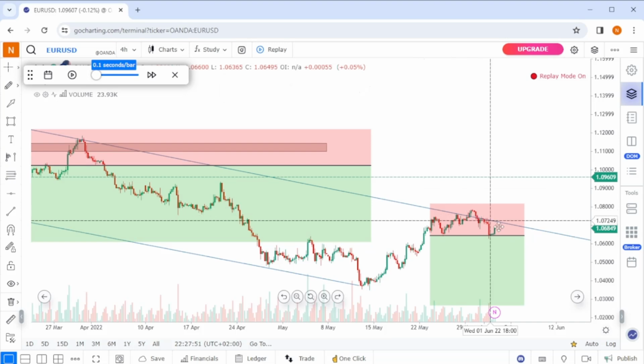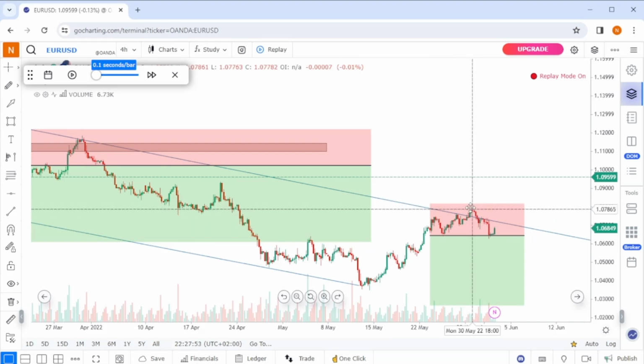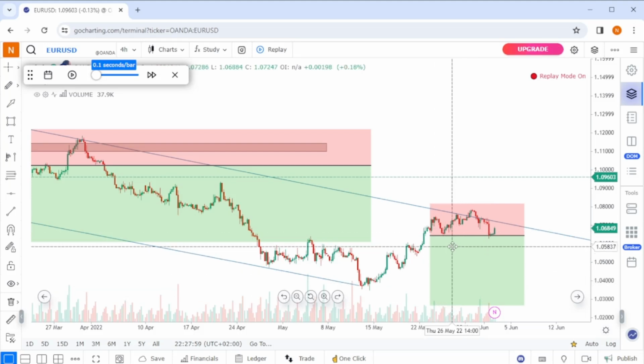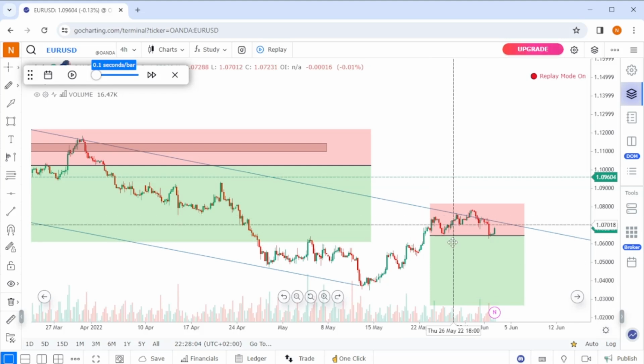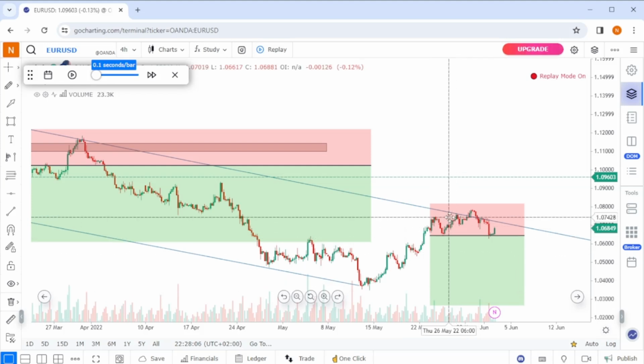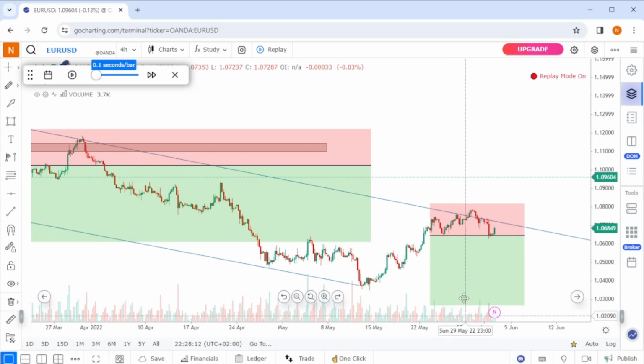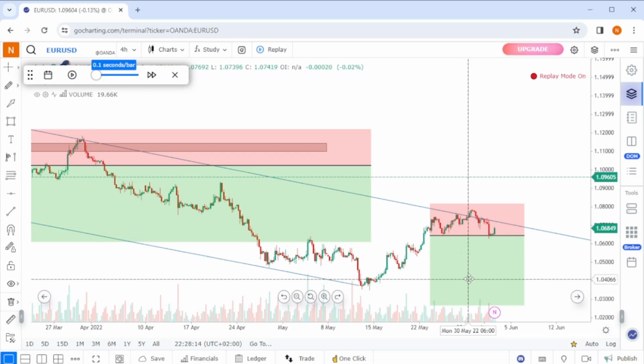That's where you would want to place your stop loss. And remember, guys, once again, you want your take profit to be at least twice the amount that you would be losing here if you were to lose. So if this is 100 pips, your take profit should at least be 200 pips.